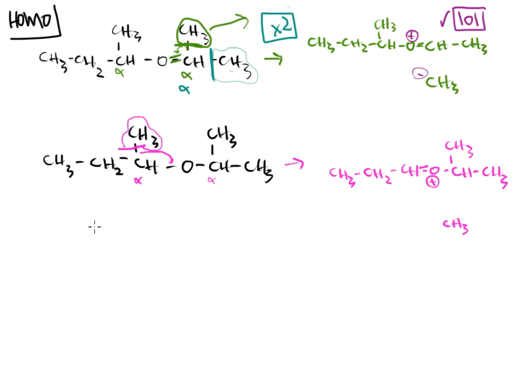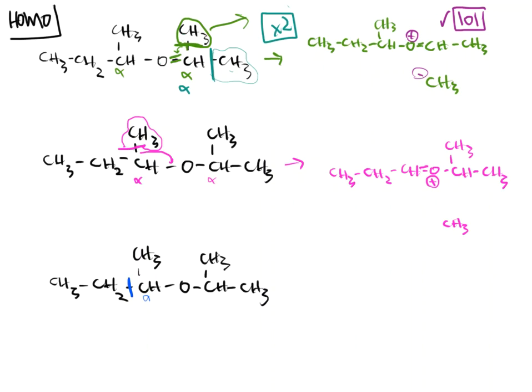And then it could also cleave in a different way. So I'm going to rewrite this structure one more time. And now in this scenario, here's the alpha carbon. We chose to cleave this one up here. Now we'll choose to cleave this one here.